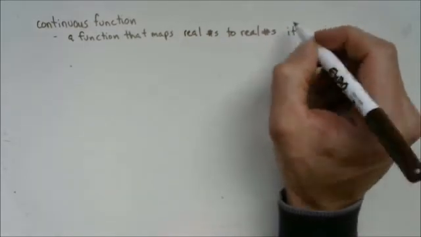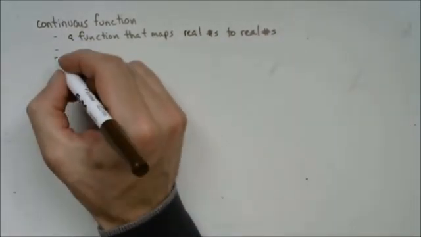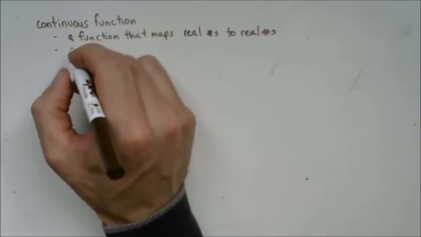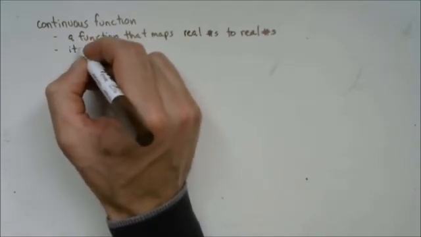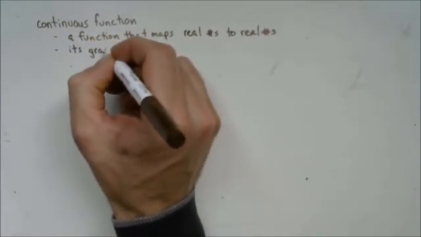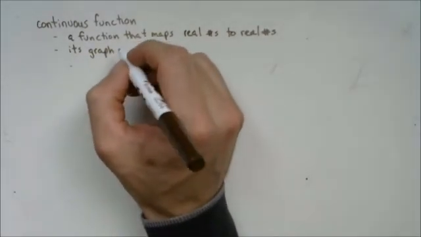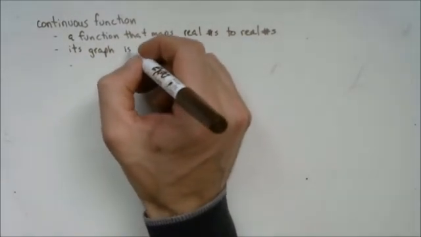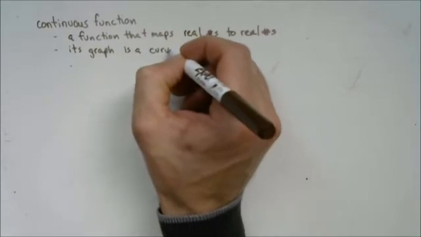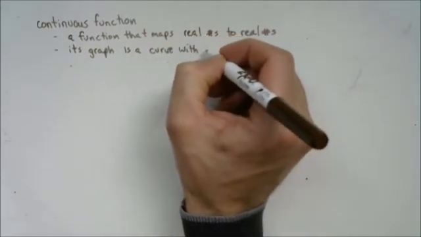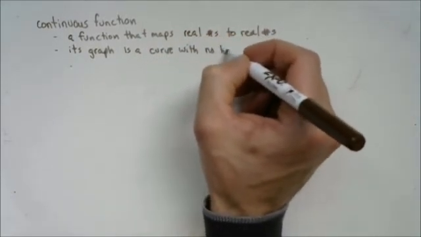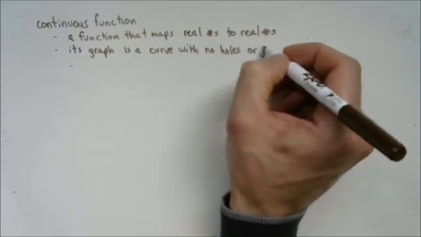Let's start a new line here. It has, or its graph, let's do that. Its graph is a curve with no holes or jumps.